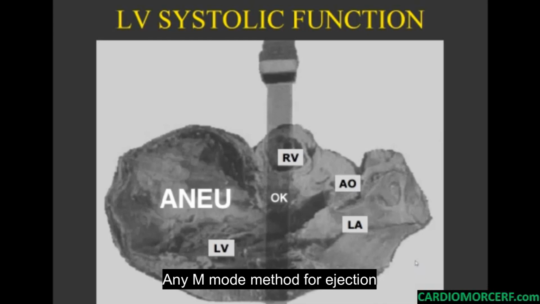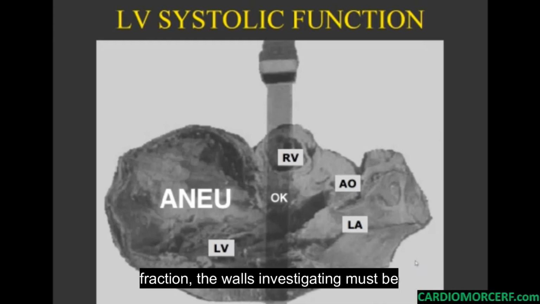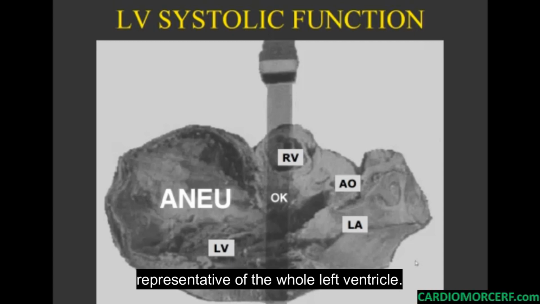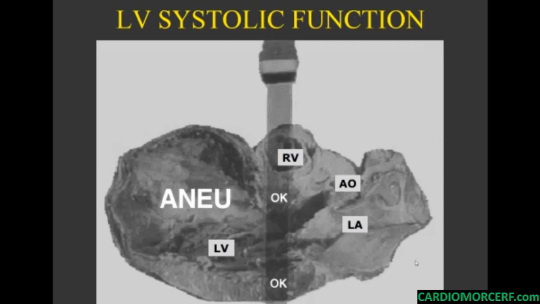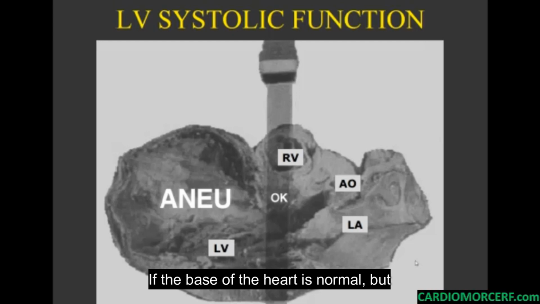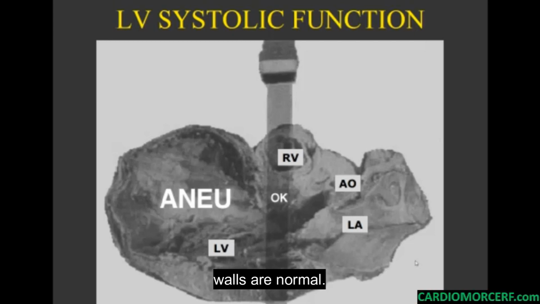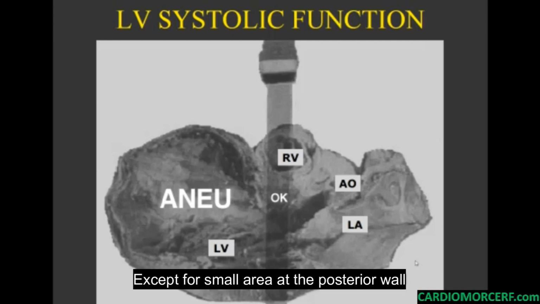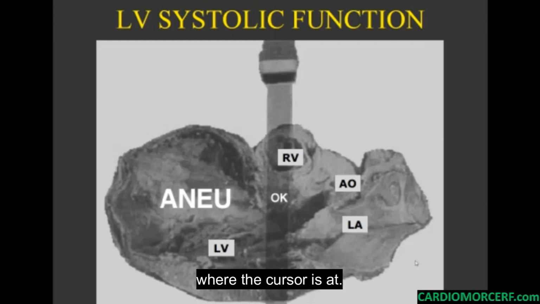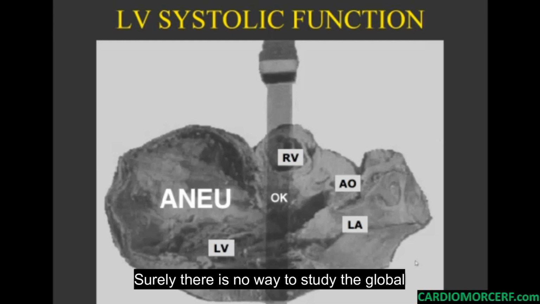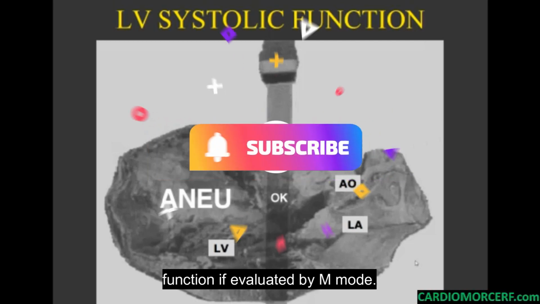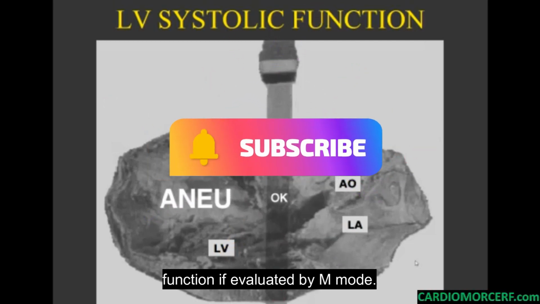In any M-mode method for ejection fraction, the walls being investigated must be representative of the whole left ventricle. If the base of the heart is normal but there is an apical aneurysm, or all the walls are normal except for a small area at the posterior wall where the cursor is, surely there is no way to study global function if evaluated by M mode.